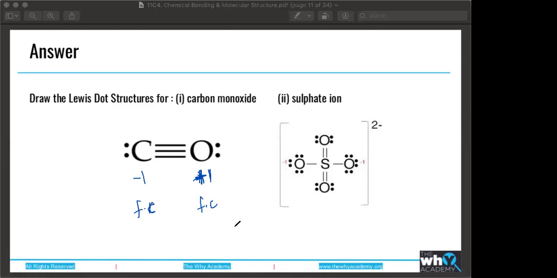Contrast this with a molecule like Cl2. You've got Cl, single bond, Cl. On each you have 3 lone pairs. Now on this chlorine atom, what is the formal charge? Calculate quickly.